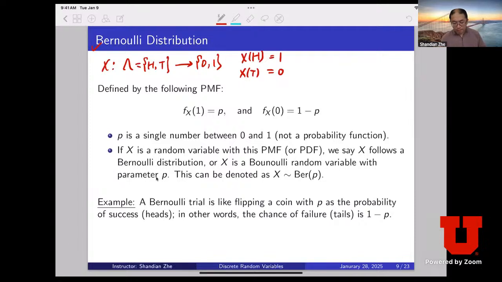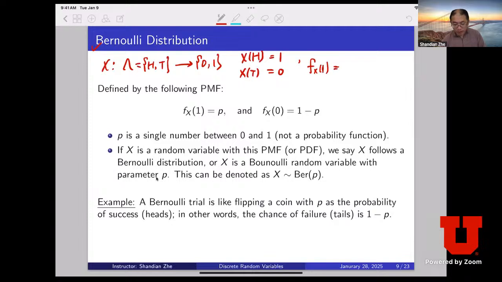And then we define that given this random variable, if we say this random variable x follows the Bernoulli distribution, then the probability mass function has this form.